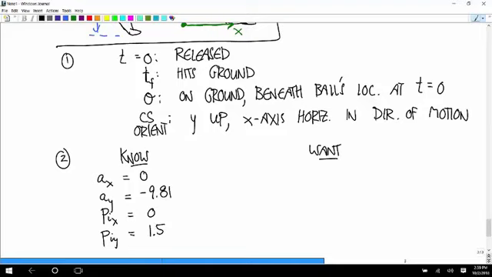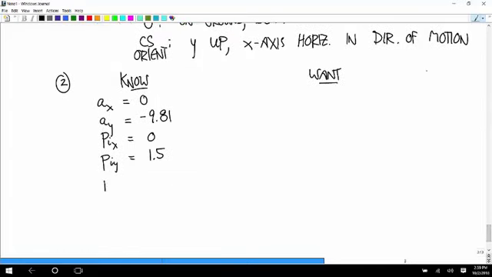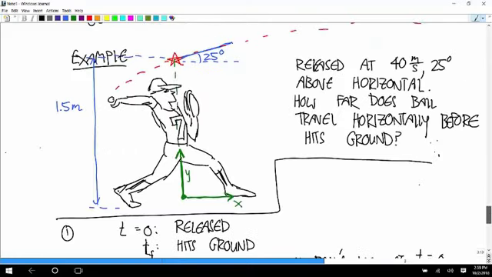Do we know anything about the final position? Yeah, we know the height is 0. So pfy is 0. And what we're looking for is the x position when it hits the ground. So that's the one that we want, pfx. Any questions about that? Yes. Because our coordinate system is on the ground, and when the thing hits the ground, we know that its height is 0.